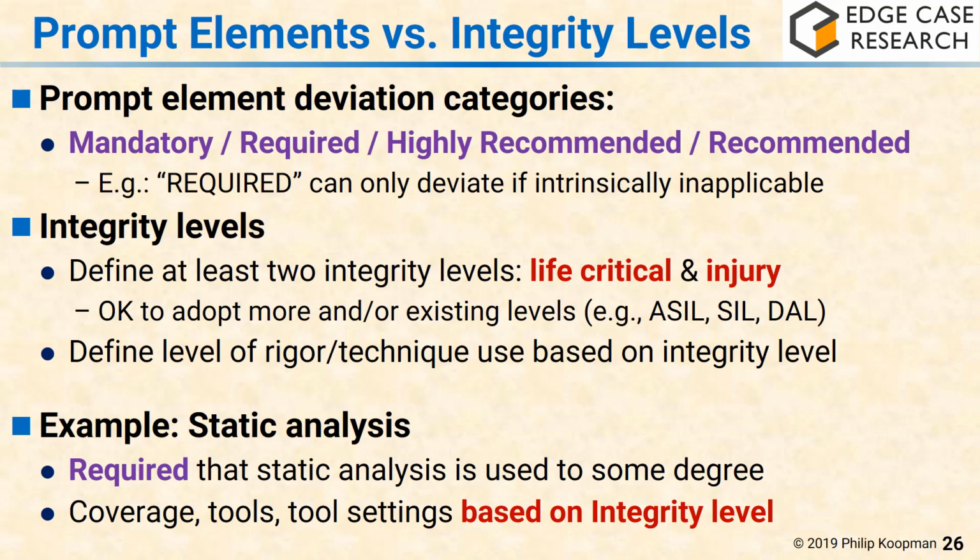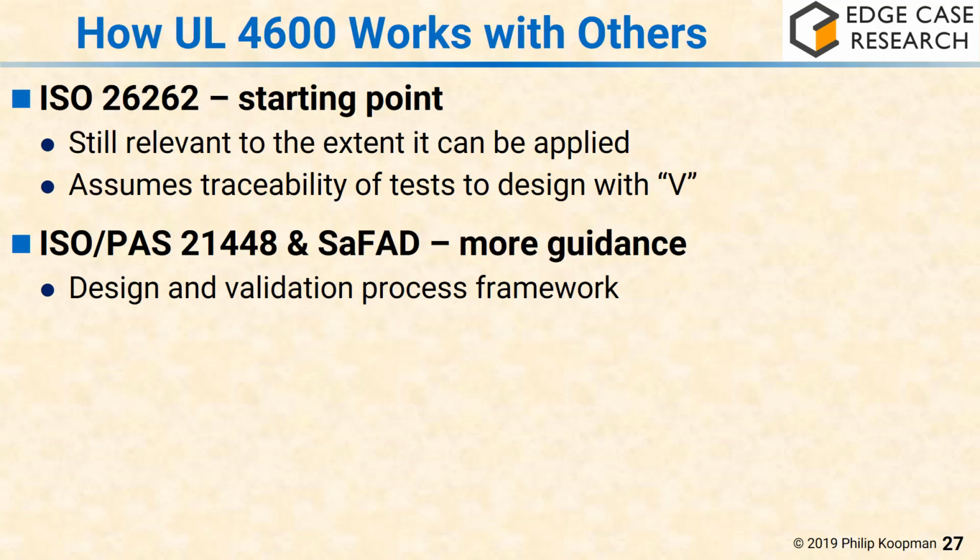So the prompt elements tell you what topics you have to cover in the safety case. The integrity levels allow you to define an appropriate level for how aggressive that coverage has to be. So they're independent things. When people look at the standard and they see mandatory, required, they start thinking that it's like the plus signs in 26262, that they're mapped to integrity, and they're not. They're completely orthogonal.